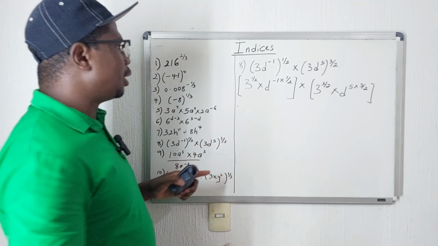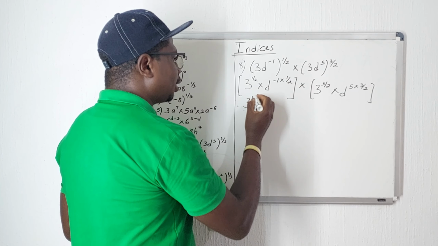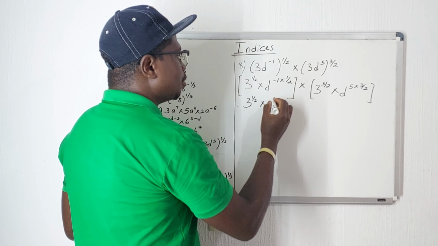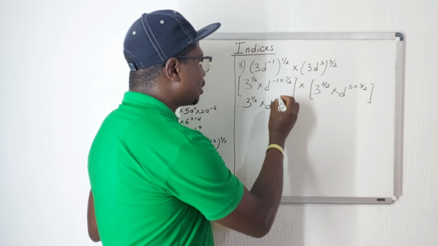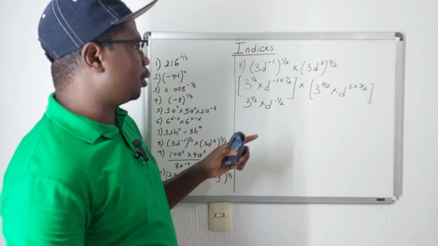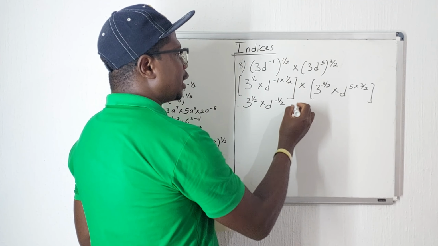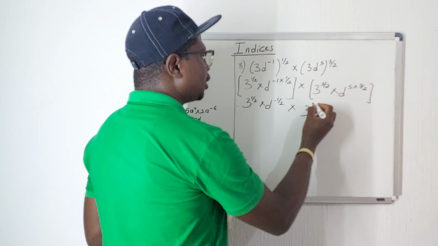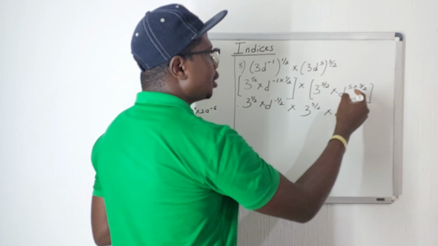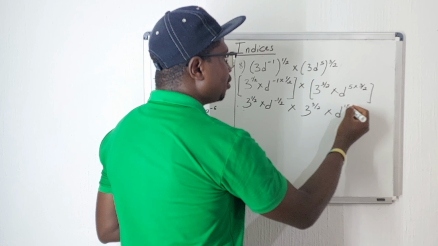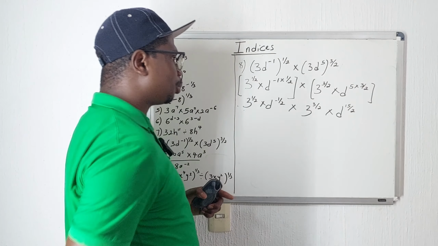So this, you can still leave it like this, 3 to the half times d to the minus half, times 3 to the 3 over 2 times d to the, 5 times 3 is 15 over 2.